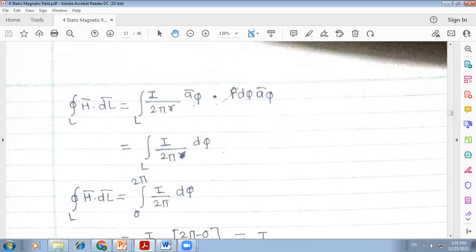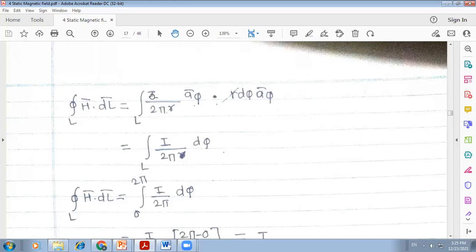So r and r get cancelled. A bar phi dot a bar phi is equal to, what is a bar phi dot a bar phi? 1. 1, correct. It is equal to 1.